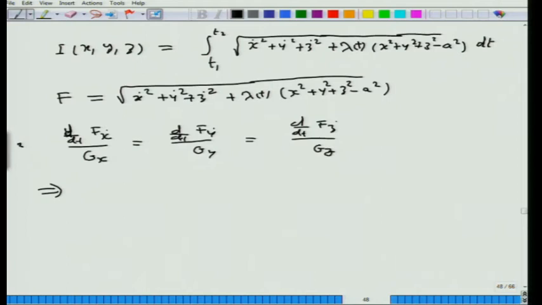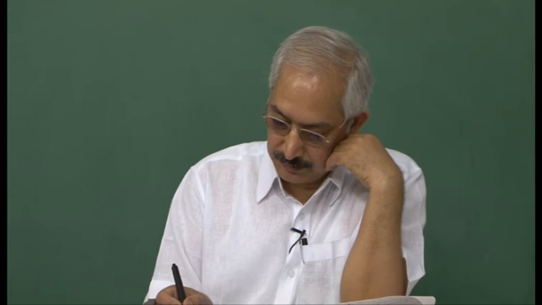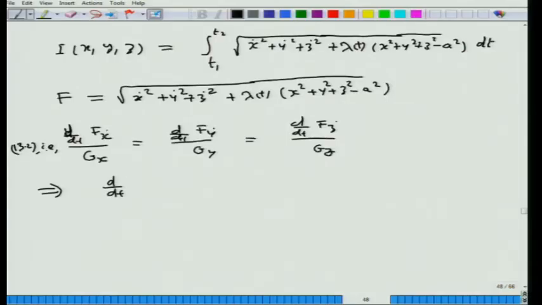So, this 13.2 implies that d by dt of f x dot gives you this 2x times 1 over root, and then you get 2 x, and so 2 cancels here.